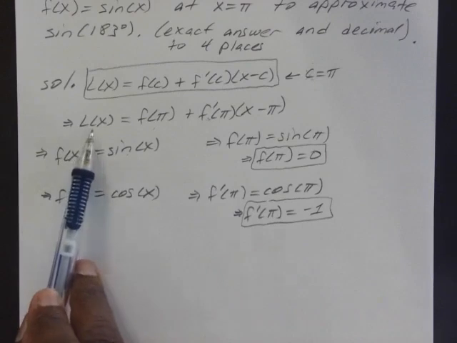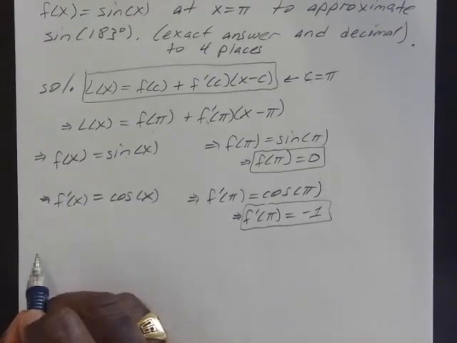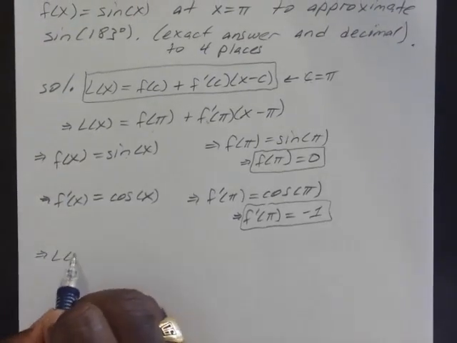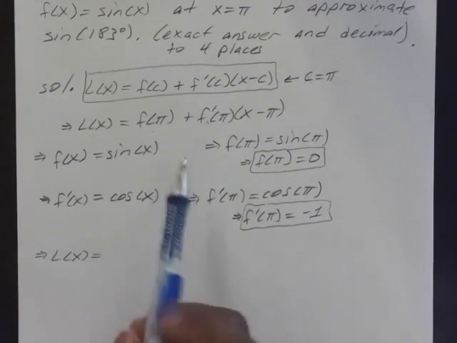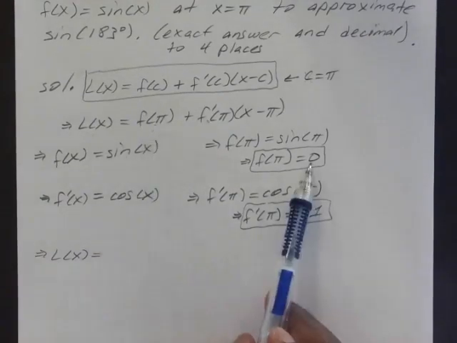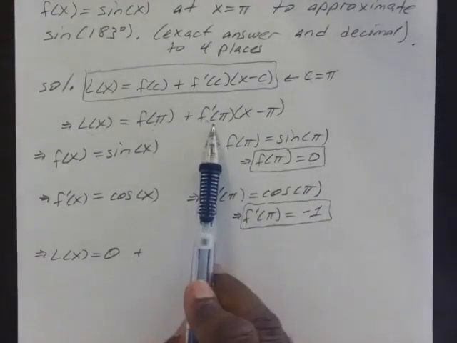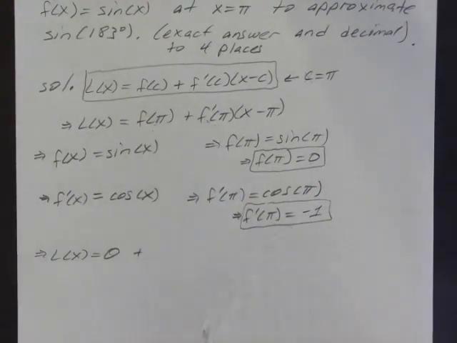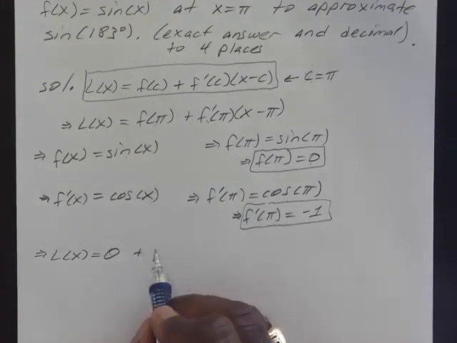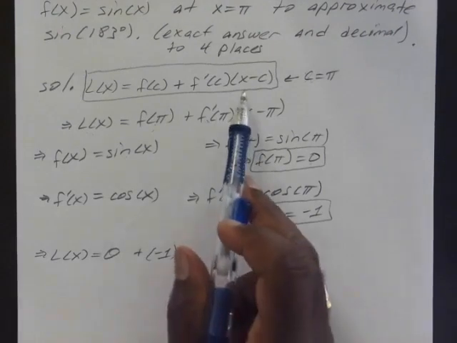So our linear approximation formula, L of x is equal to f of pi, which is 0, plus f prime of pi, which is -1, times x minus pi.